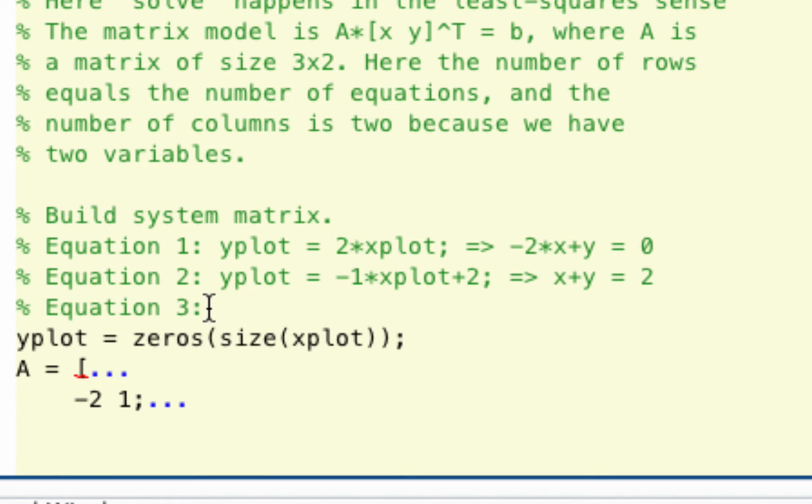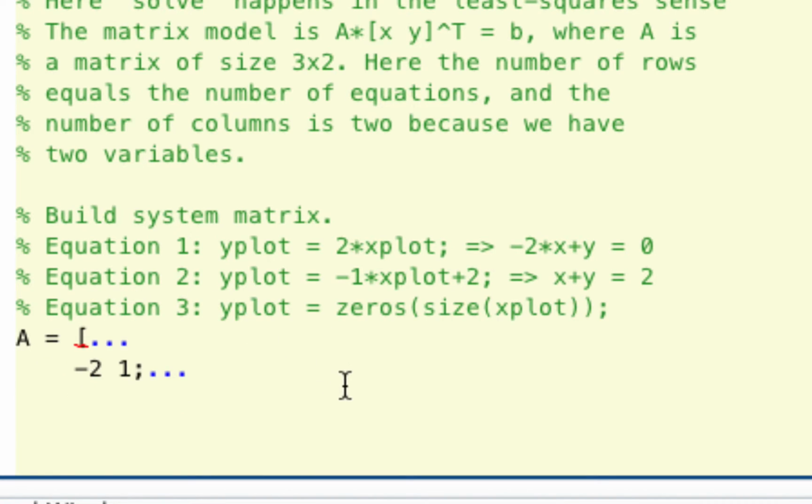And then we need equation 3. Equation 3 is this one. This is the equation, so well, it's actually pretty much already there.